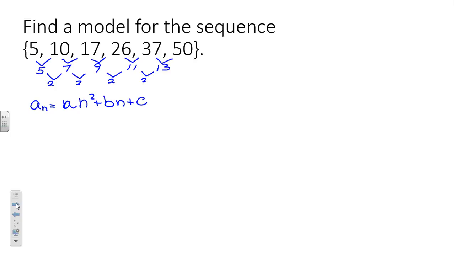For our first term, we know that we get a 5. When we take A times 1 squared plus B times 1 plus C, we get 5 out. Okay. When we let n be 2, then A times 2 squared plus B times 2 plus C gets us 10.